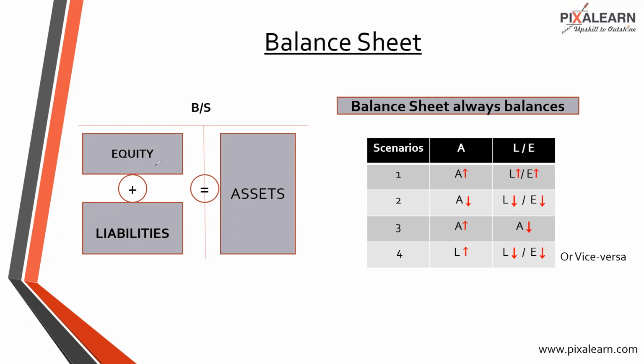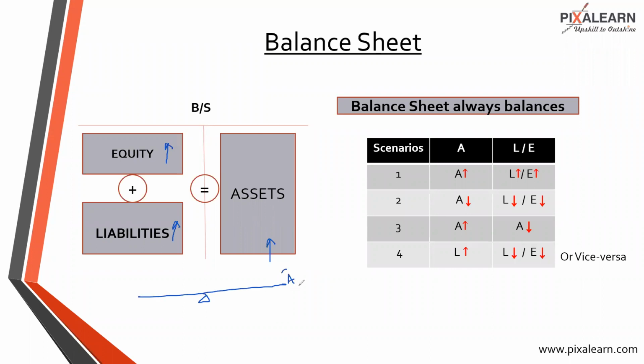The first two scenarios talk about a change in the opposite sides of the balance sheet, which says that if the asset increases, there has to be a corresponding increase in either the liability or the equity if you want the weighing scale to remain safe.